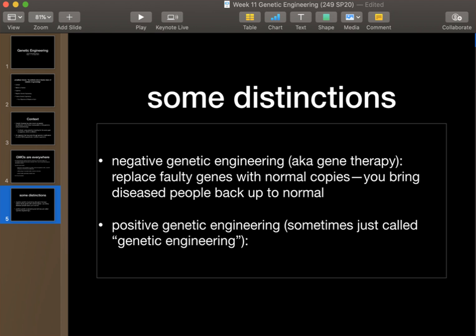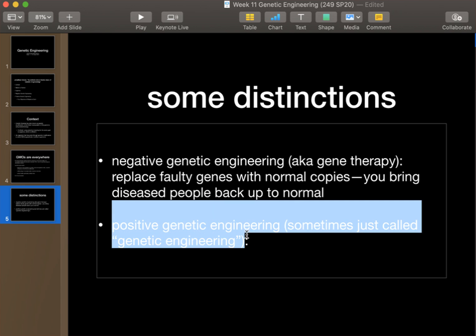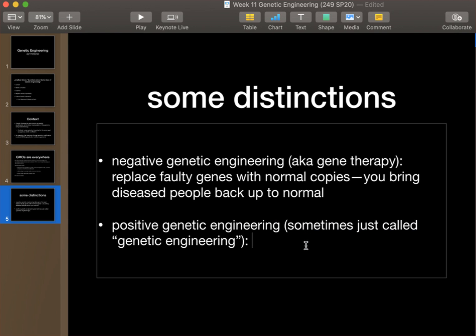Without this positive phrase, it's a little bit like if you've listened and watched my video on the definition of death, it's a little bit like how sometimes people just call whole brain death just brain death. So similarly here, some people just use the phrase genetic engineering to describe what we would call positive genetic engineering. And what that means is enhancement.